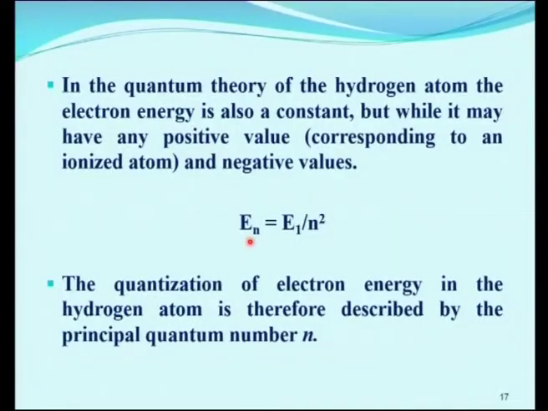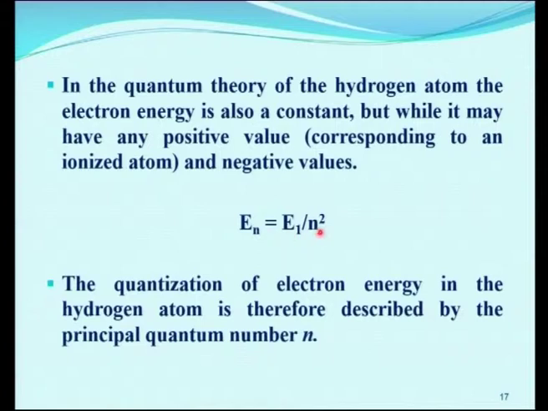Classically the total energy can have any value whatever, but it must of course be negative if the planet is to be trapped permanently in the solar system. In the quantum theory of the hydrogen atom, the electron energy is also a constant, but these energies are quantized, that is, E n is equal to E 1 by n squared, where n is the principal quantum number.